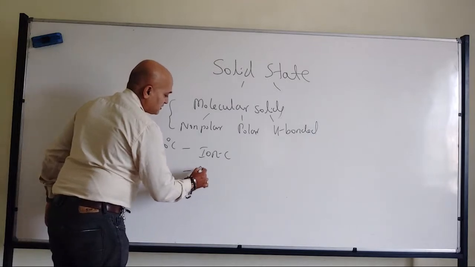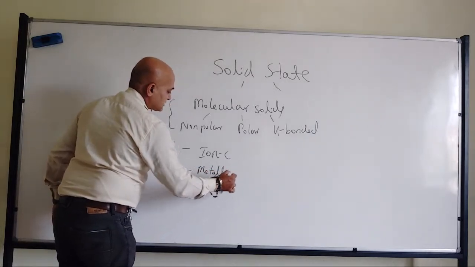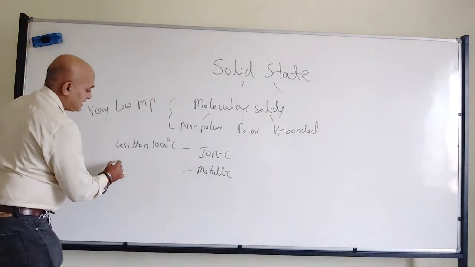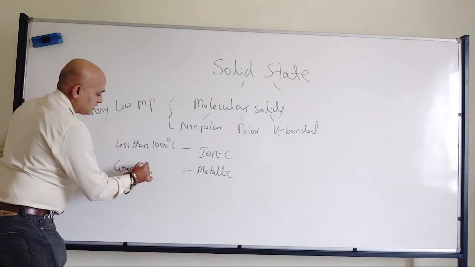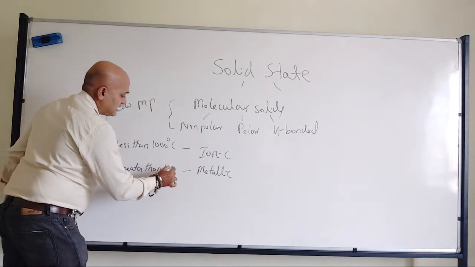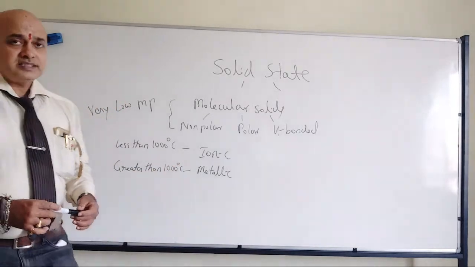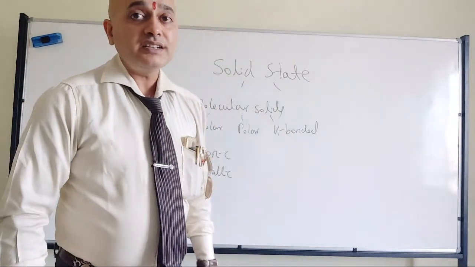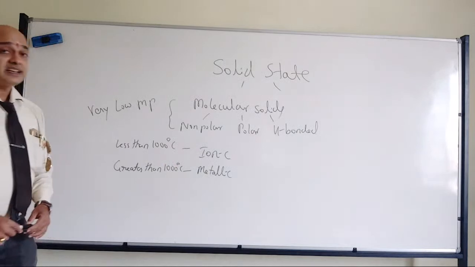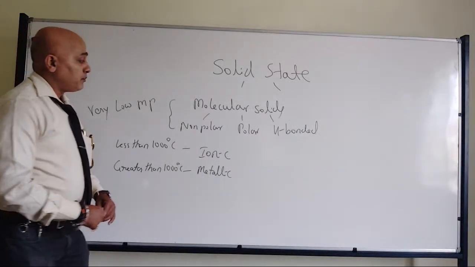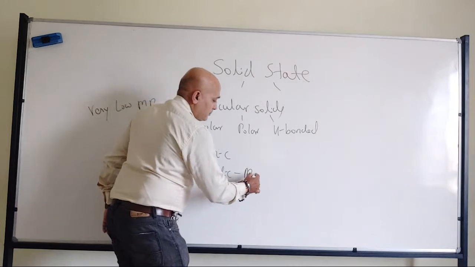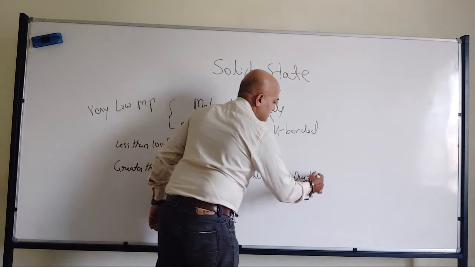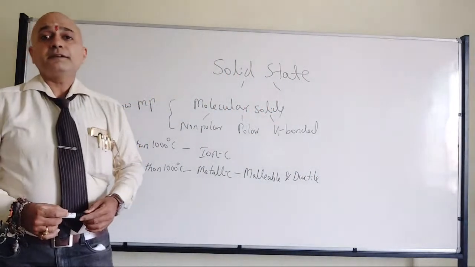Next we have discussed metallic solids, where the melting point is normally greater than 1000 degrees Celsius. Metallic solids are malleable and ductile due to the presence of metallic bond.